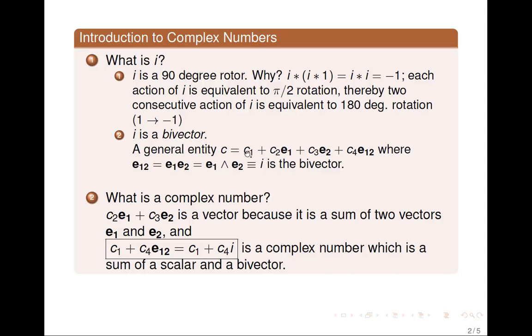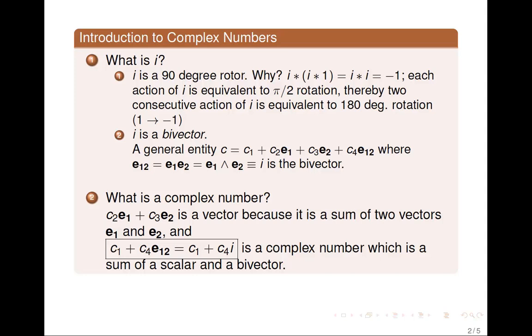And the remaining terms, which is the scalar C1 and the bivector term C4E12, can be added together, and that comprises a complex number, which now becomes clear is the sum of a scalar and a bivector. So these are the two geometrical meanings of iota.